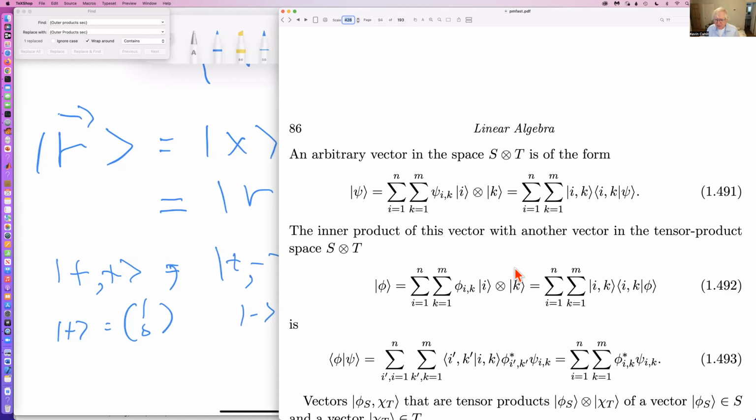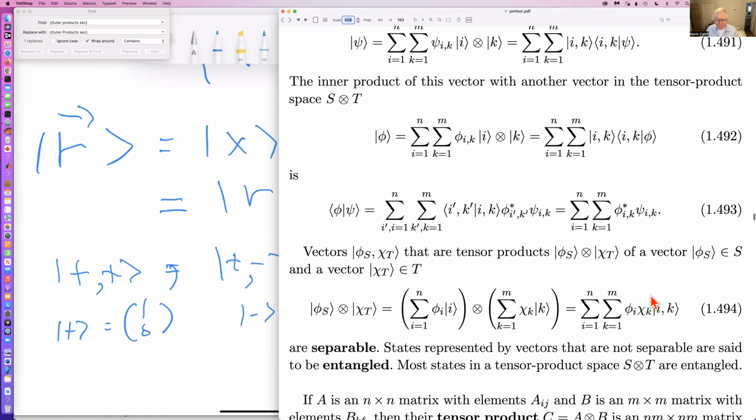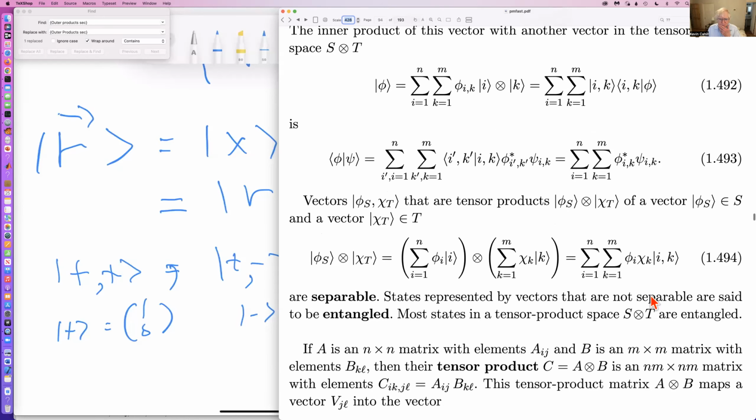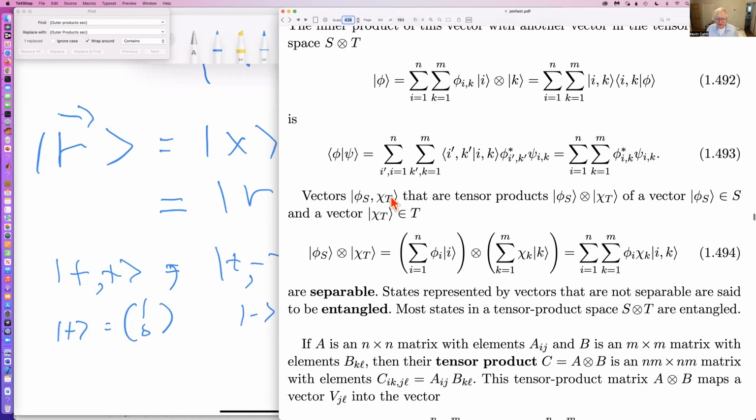And the inner product of this vector with another vector is simply the sum over i, k of phi star and psi. Vectors that are tensor products of vectors in the two spaces are said to be separable, but most states are not separable and are said to be entangled.